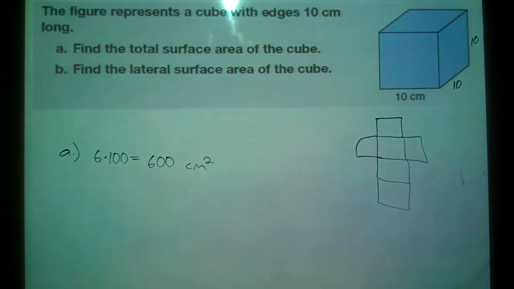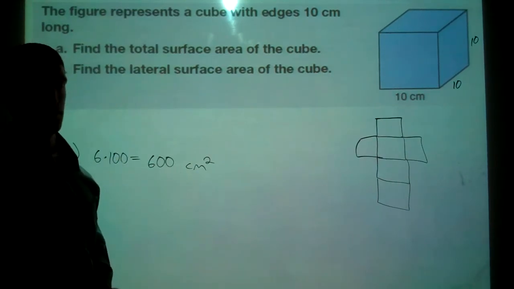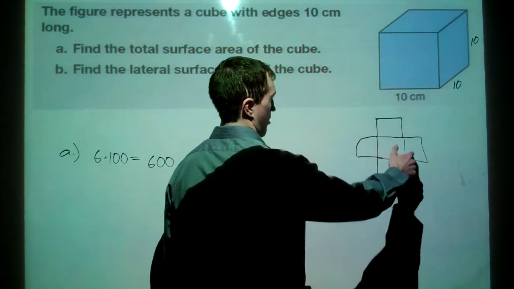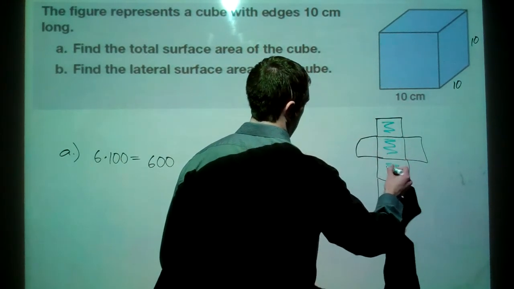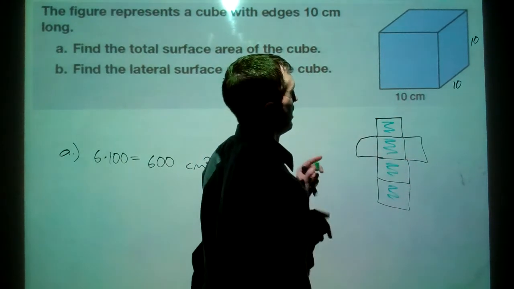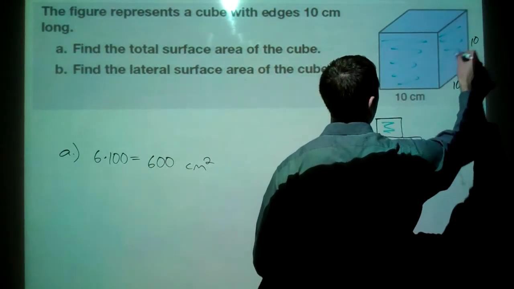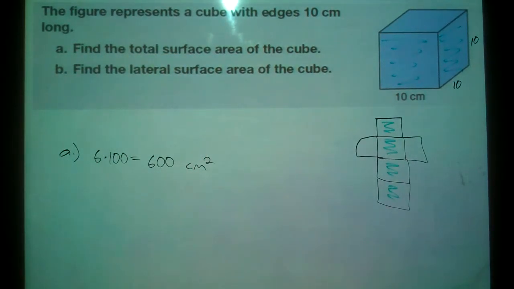Lateral surface area, remember, deals with the area of just the sides, without the bases. So we're going to take these two things out. These are our bases. So we're looking for that area, that area, that area, and that area, which would be this side, and that side, plus the other two sides that we can't see.